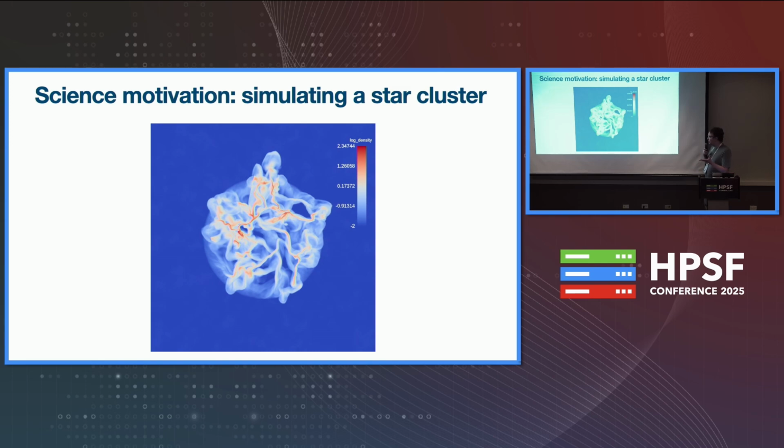This whole box is about 1 parsec, which is about 3 light years on the side. And then the maximum resolution we hope to go to is about 5 orders of magnitude smaller, down to 1 astronomical unit, 1 AU scales, the distance from the Earth to the Sun.